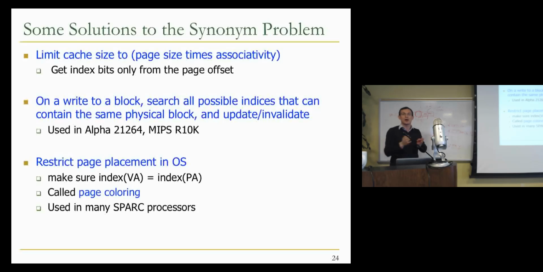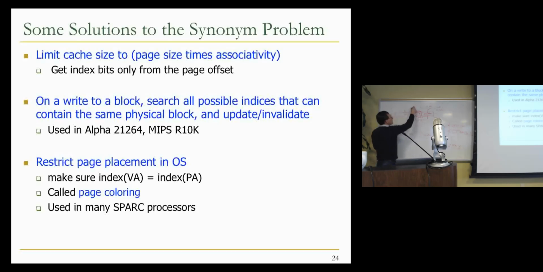This is the same thing as a coherence problem. When you have multiple copies of data, you need to keep them coherent. And in this case, it's nice because you know exactly where the other copies might be, because you know what index bits change. So let's say you actually had 4 index bits over here coming from the virtual page number.